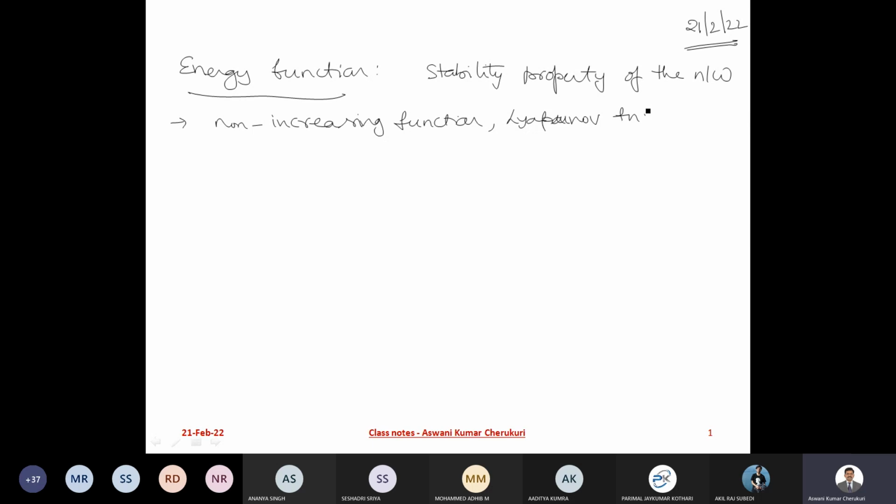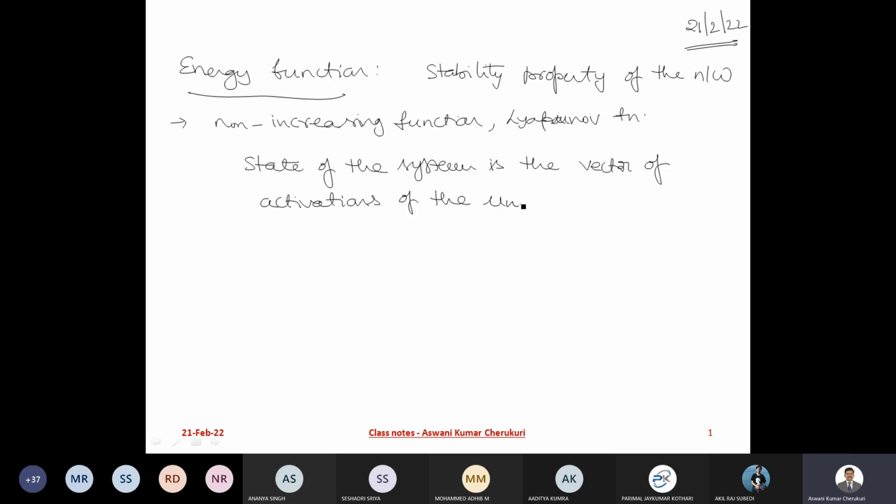Essentially, how we calculate the network energy function is like this. We have the state of the system. How do you define the state of the system? The state of the system is the vector of activations of the units.